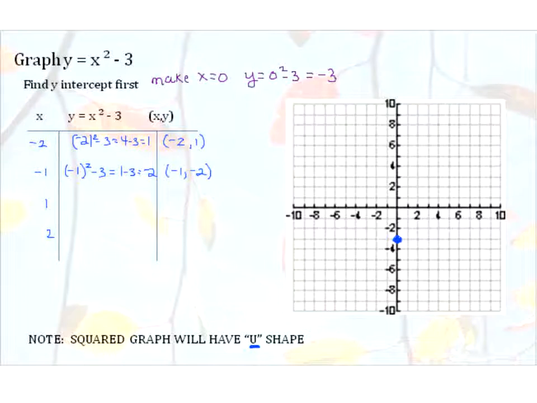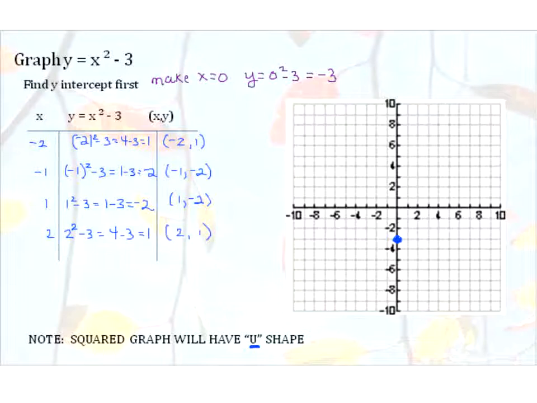Putting 1 in, 1 squared minus 3 will be 1 minus 3, which is a -2. And then last but not least, putting 2 in will be 4 minus 3, which is 1.